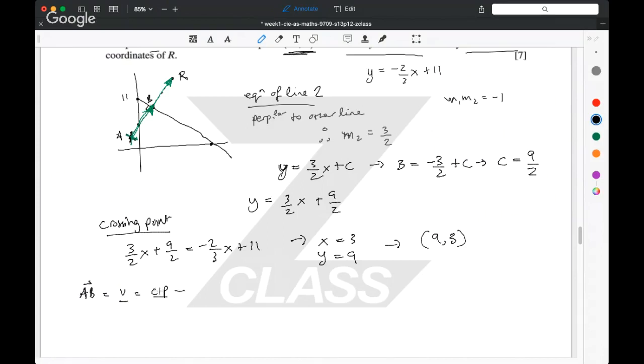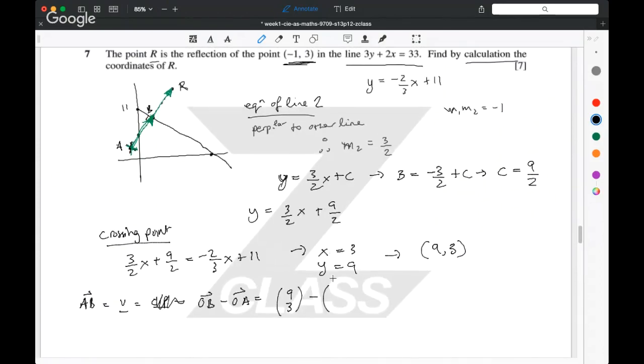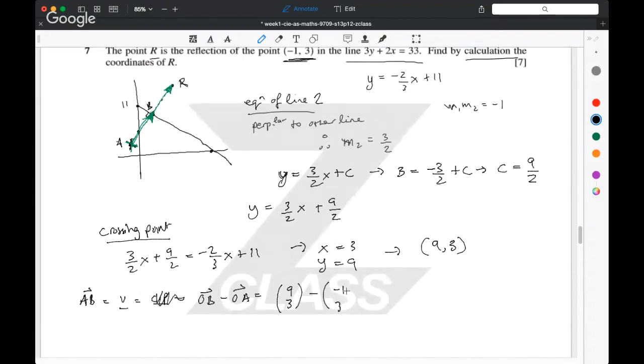this is going to be OB minus OA, where OB is just the crossing point coordinates, 9, 3, minus whatever A was, -1, 3. Wait, did I write that the wrong way?